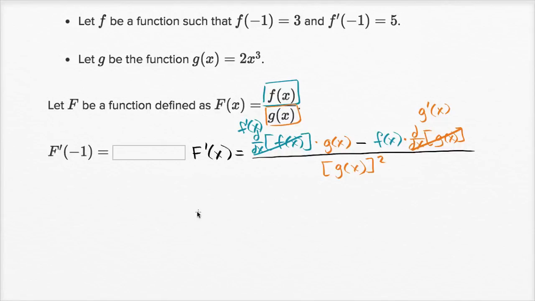So we can write capital F prime of negative 1 is equal to, well, everywhere we see an x, let's put a negative 1.